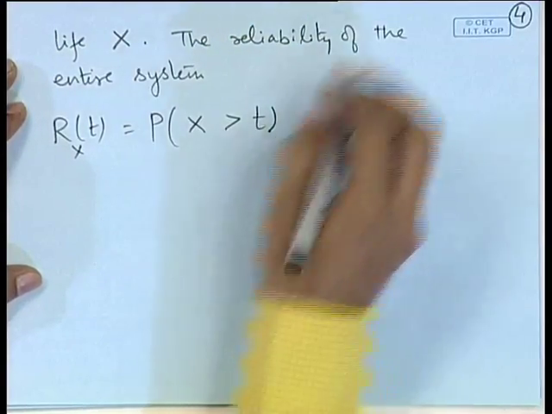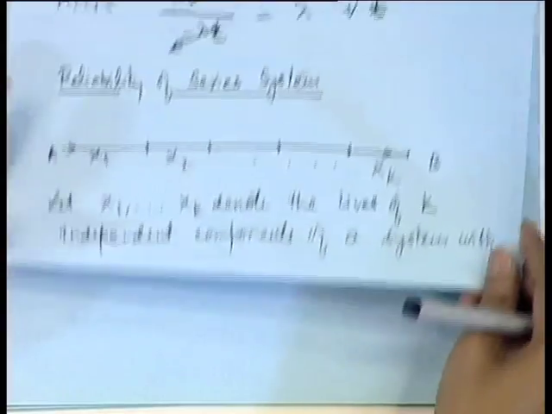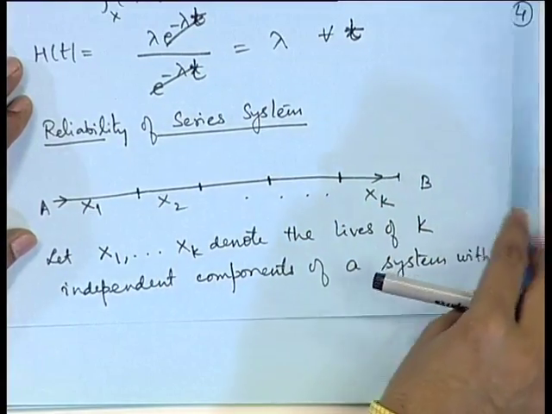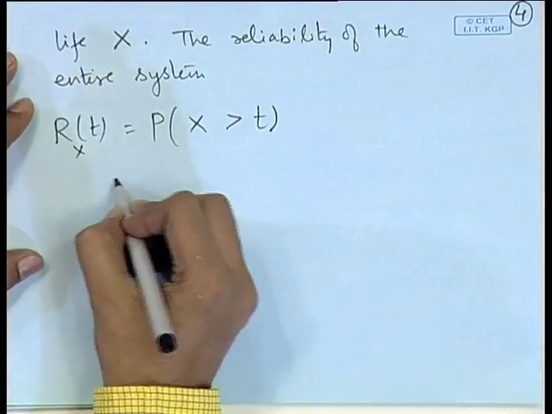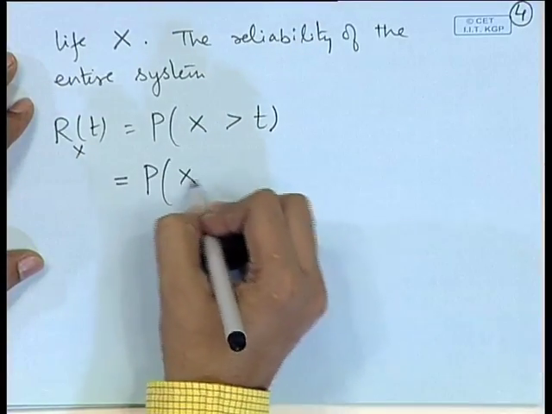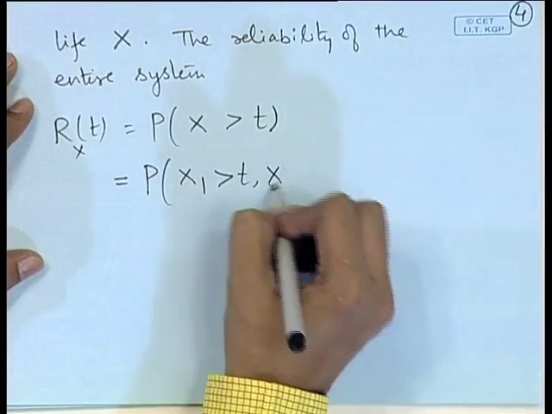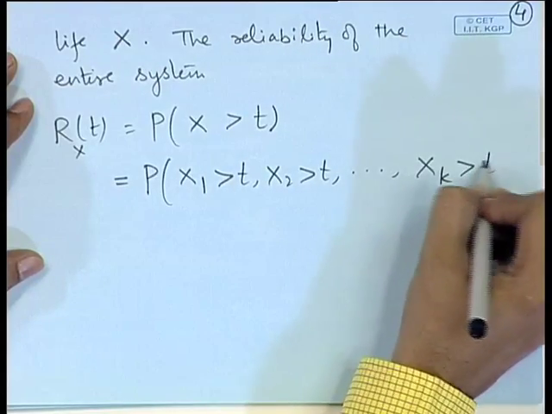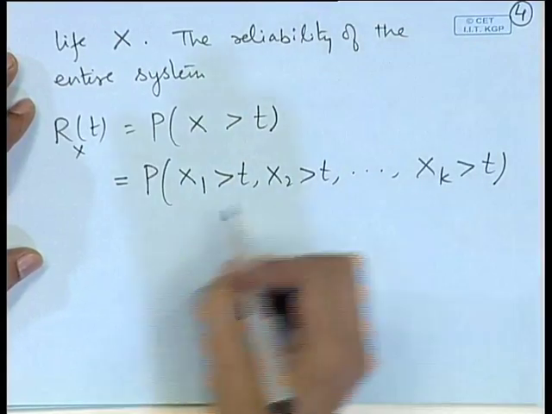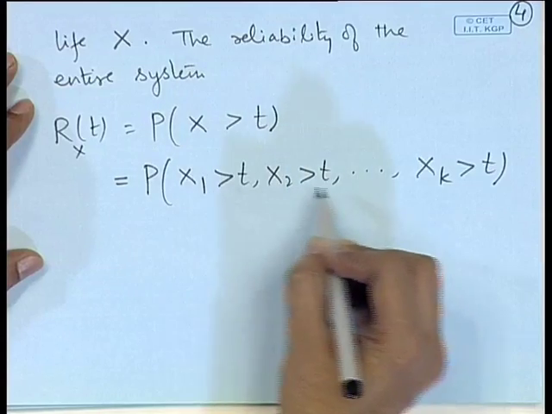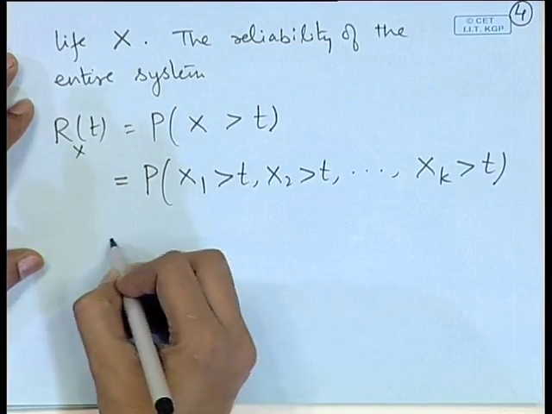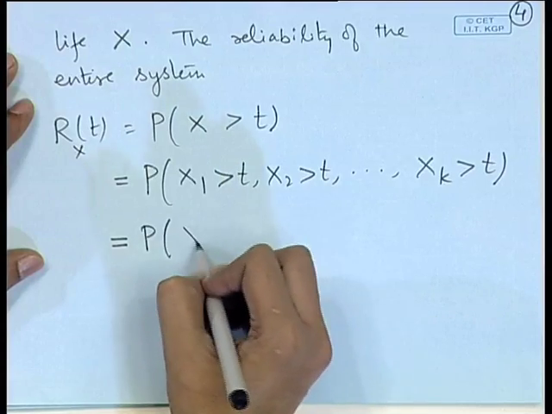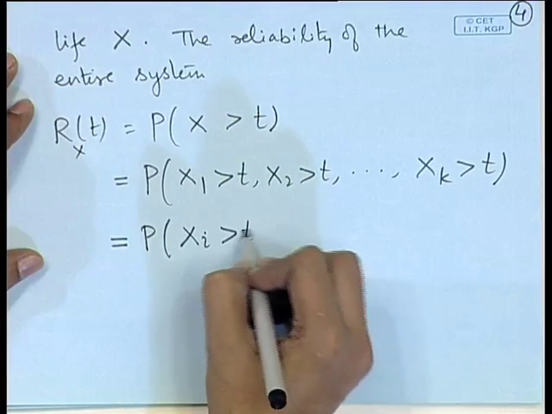However, the system will be working if and only if each of the components x1, x2, ..., xk is working at time t. That means this is equal to the probability of x1 greater than t, x2 greater than t, and so on, xk greater than t. We are assuming that the components are working independently. Therefore, the probability of the simultaneous occurrence will be equal to the product of the probabilities.